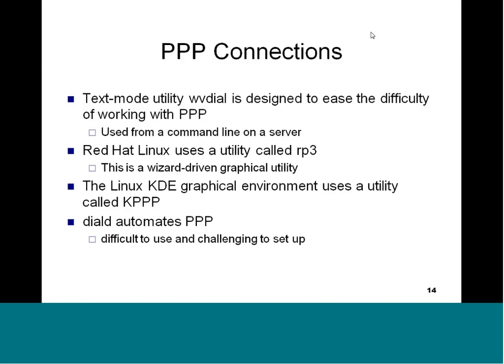This is a wizard driven graphical utility, so it goes through the various steps to make sure that you can set up the PPP connections. In the Linux KDE graphical environment, a utility called KPPP is used, and then diald is also used to automate PPP. But diald is kind of difficult to use and a little more challenging to set up.